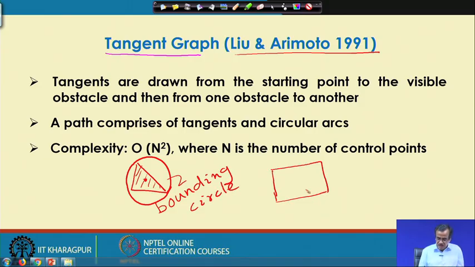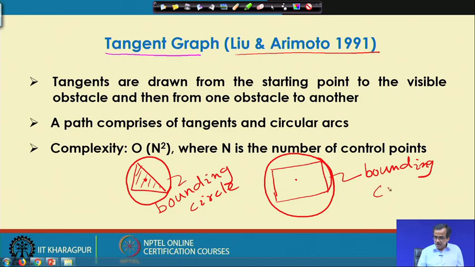Similarly, if this is a static obstacle, we try to find out the center of the area, and once again we try to draw one circle, and this will be nothing but the bounding circle for this static obstacle. And once you have got this bounding circle, instead of considering the physical dimension of the obstacle, we are going to consider this type of boundary, the bounding circle.